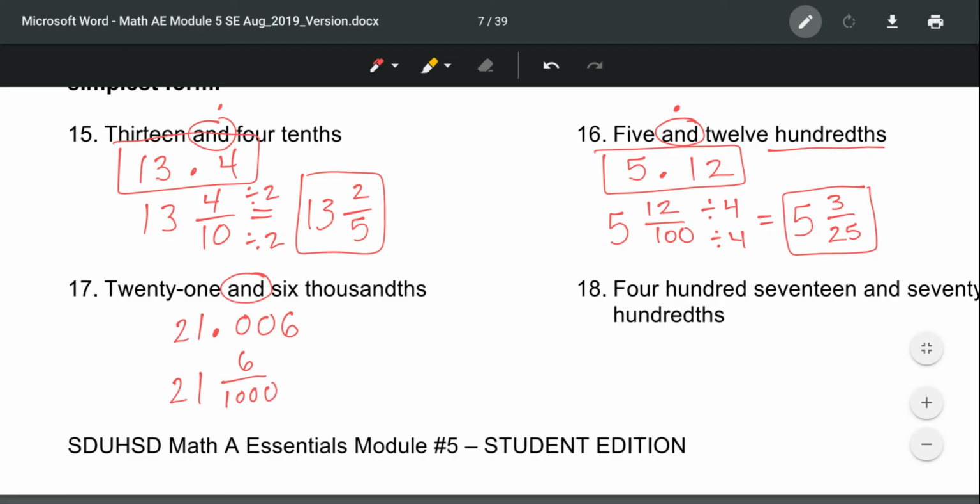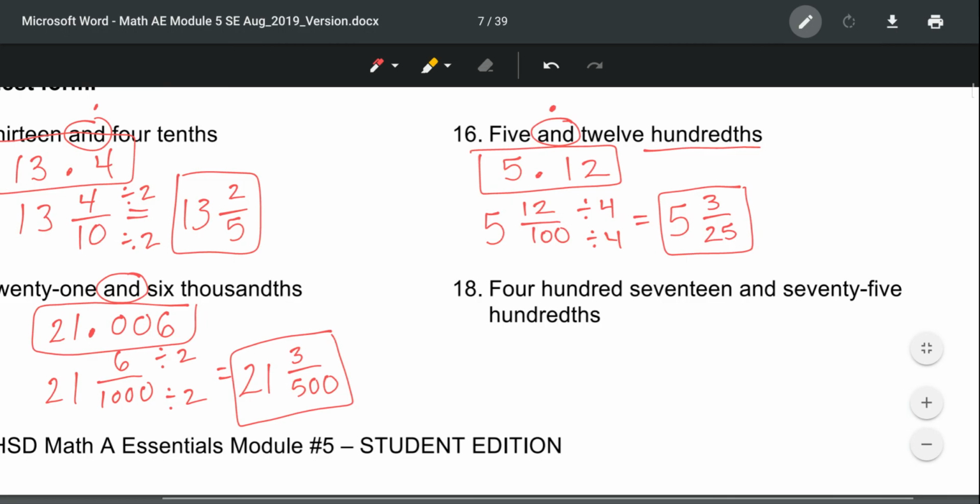Okay, so because 6 and 1,000 are both even, they're both divisible by 2, so you can simplify. So you'd get 21, 6 divided by 2 is 3, 1,000 divided by 2 is 500. So 21 and 3 out of 500 is the same as 21 and 6 thousandths.